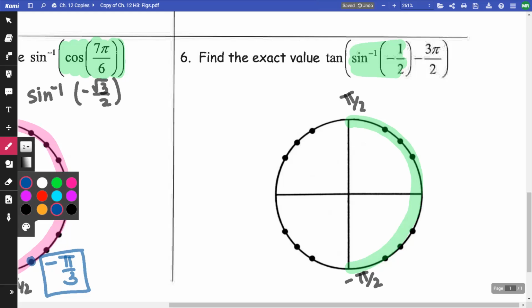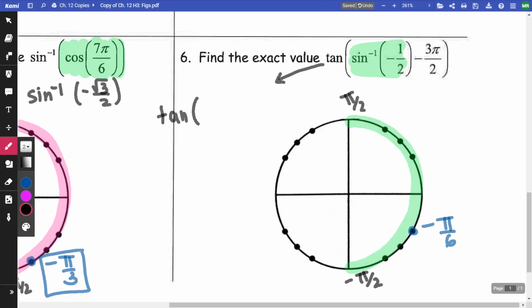Where my sine is a negative 1 half is at this point here, which is negative pi 6. So I'm going to rewrite this tangent, and instead of sine inverse of negative 1 half, that is negative pi 6. And then I still have the minus 3 pi halves.